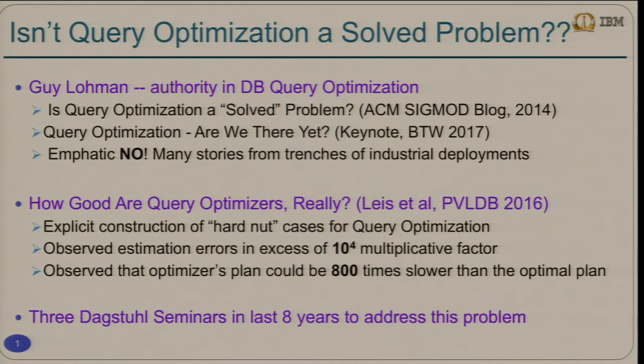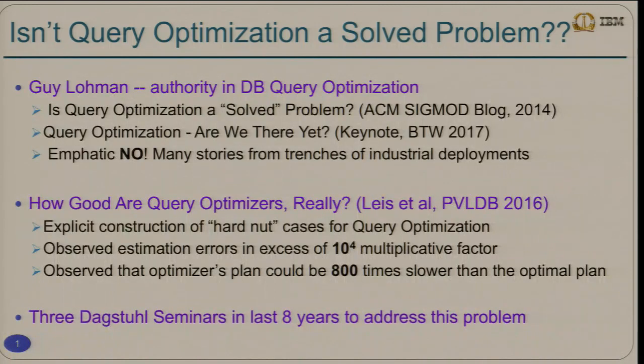What they have seen is that for certain estimates that the query engines work with, we will talk about what those estimates are, the multiplicative error is of the order of 10 to the 4, huge estimation errors. Because of that, the optimizers can be, in many instances, 800 times slower than what the actual optimal plan would have been if you had the correct estimates.